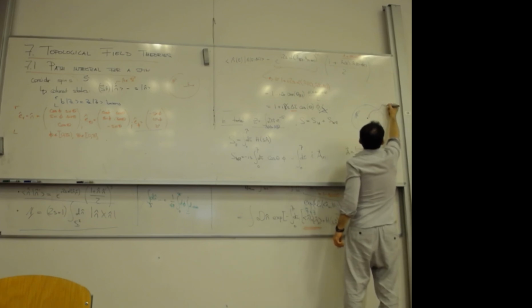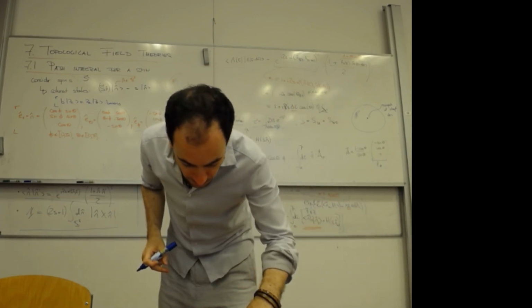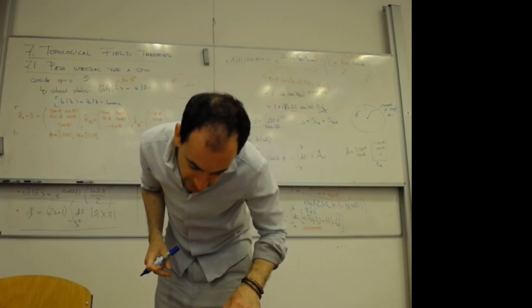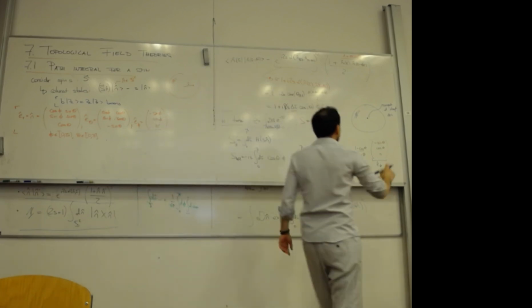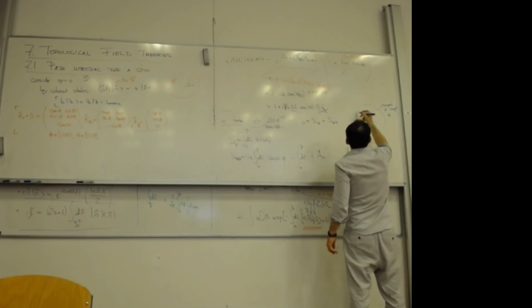Monopole of strength, and I think it's something like 4 pi times s. Let me check. Yeah, one can say it also differently. One can say monopole of charge of strength 4 pi, and here we have our, so this is the monopole.